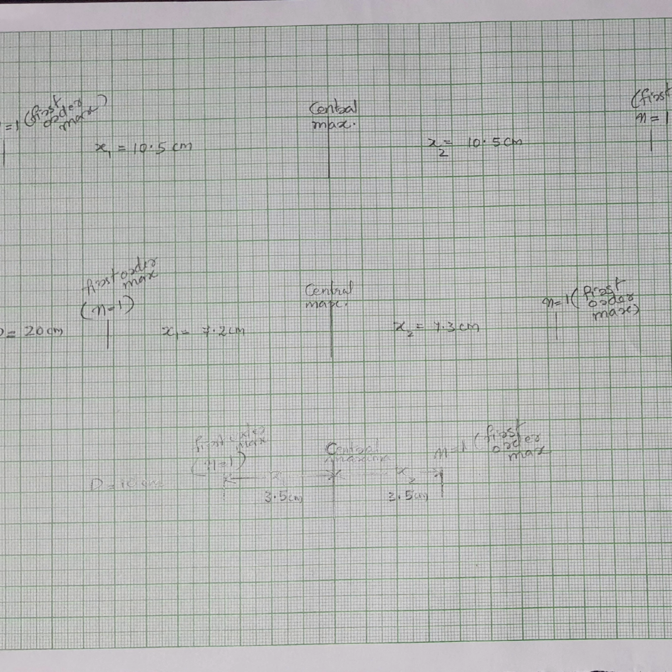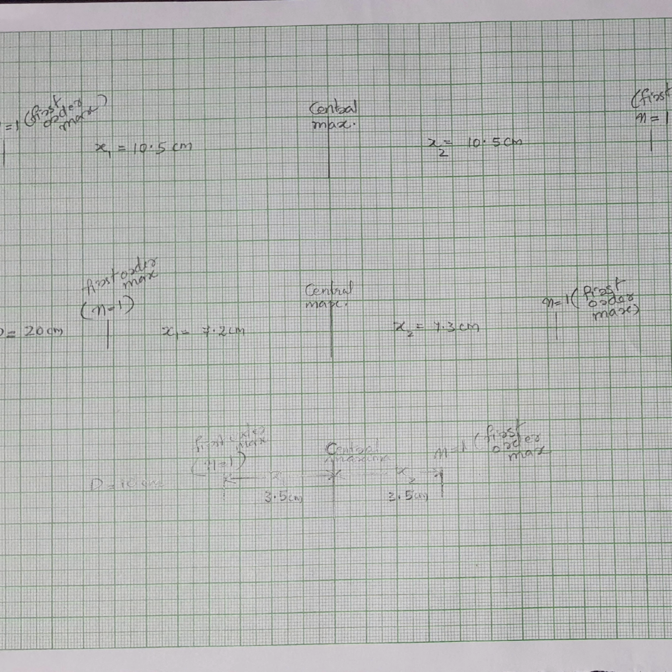Here you can see for distance D equal to 10 centimeter, x1, that is the distance of the central maxima to the first order on the left side, is 3.5 centimeter, and on the right side also we are getting 3.5 centimeter, that is x2.